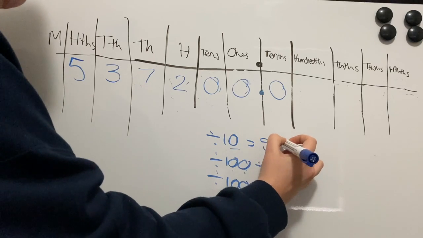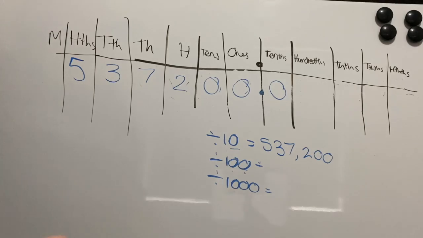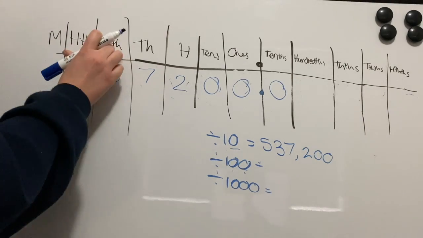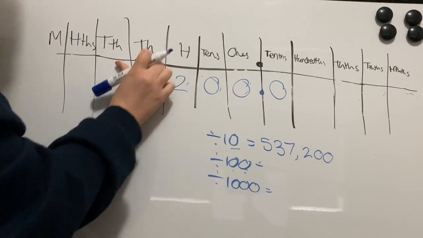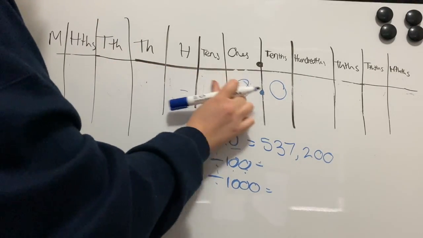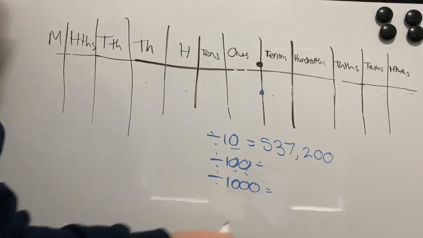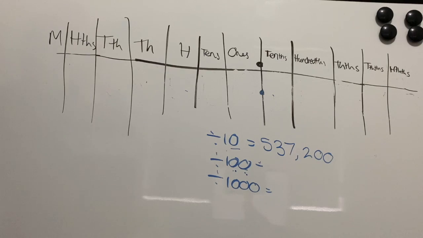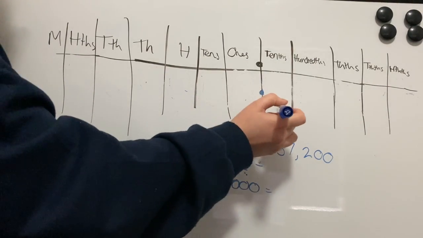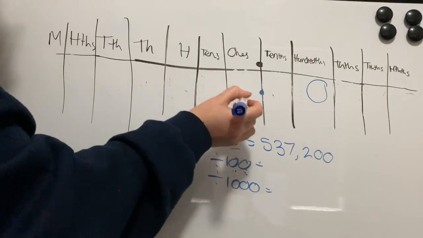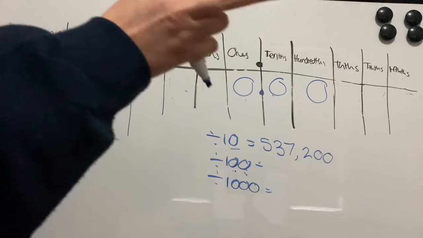Our number ends up being 537,200. If I was to take that original number from the start and divide it by 100, each digit would move 2 place value columns to the right because there are 2 zeros in 100. So all the zeros have moved down 2 place value columns.